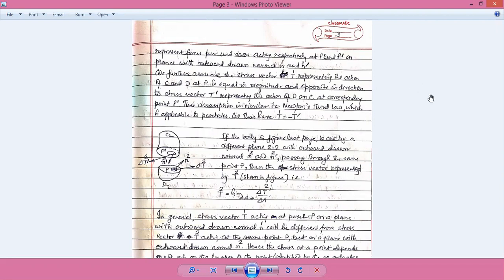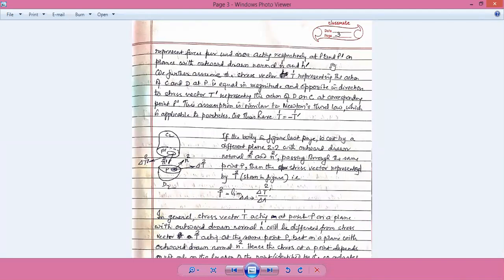So these two, T and T dash, represent the force per unit area on the planes with outer drawn normals N and N dash, at P and P dash, with the areas at P and P dash.